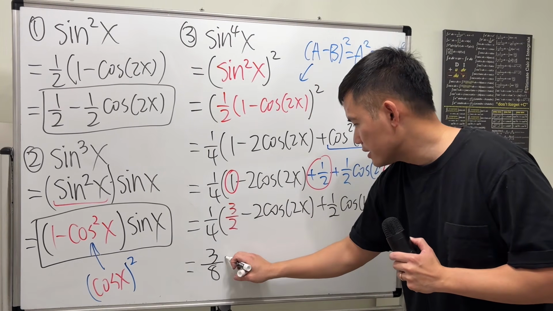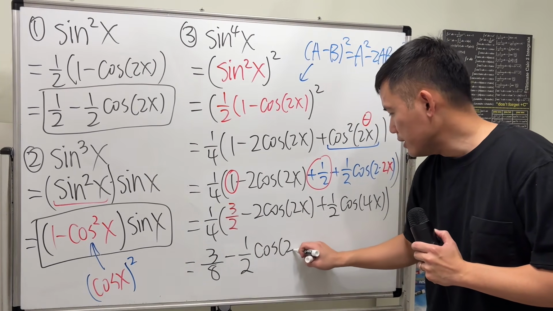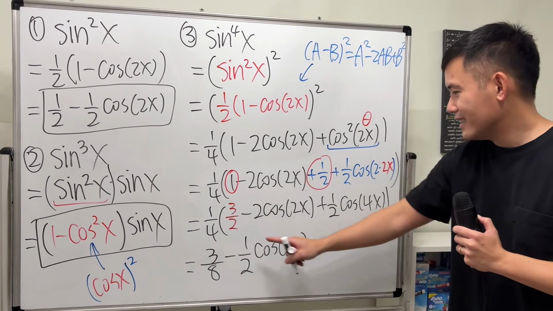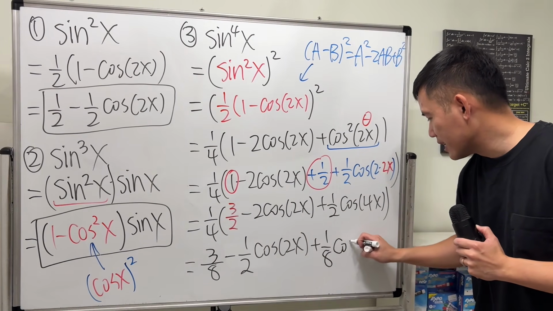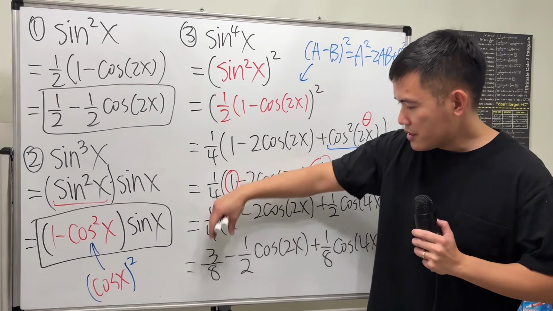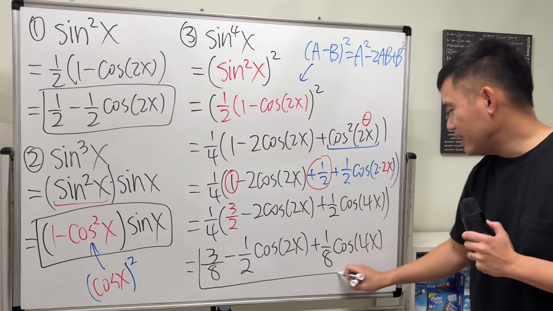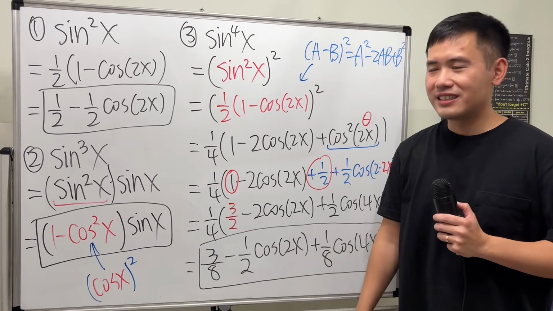This times this is minus 1/2, and then still the cosine of 2x. This is integral ready. And then finally, this times that is plus 1/8 cosine of 4x. Now we can just integrate this, integrate that. So this is the integral ready form for sine to the 4th power x.